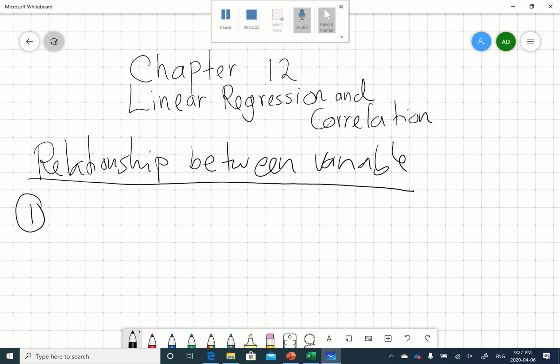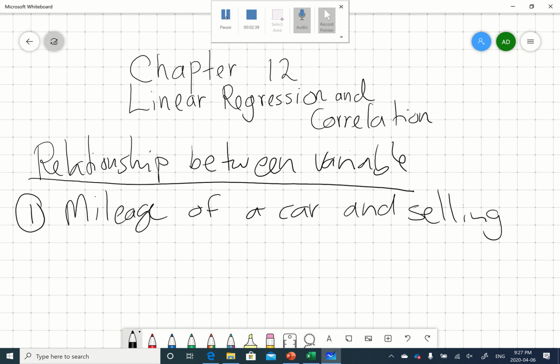If I give you examples, just think about the mileage of a car and its selling price. So we have two variables here.